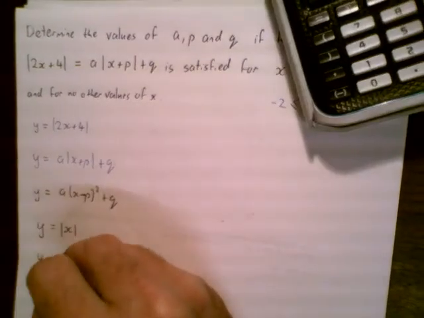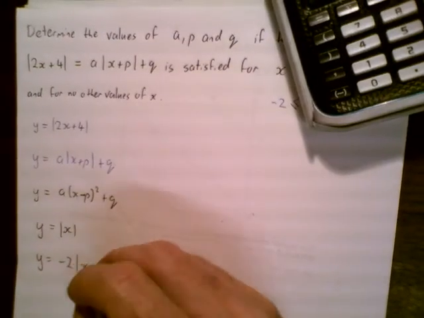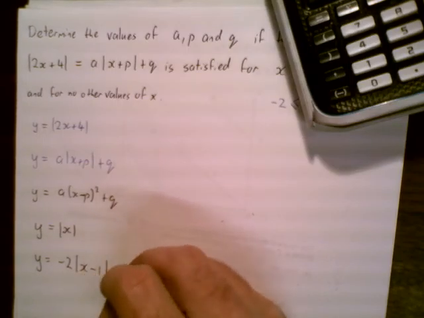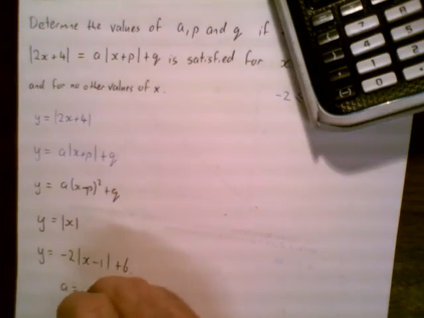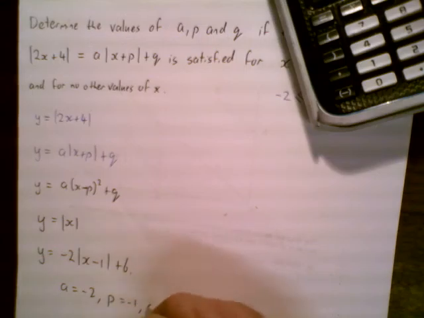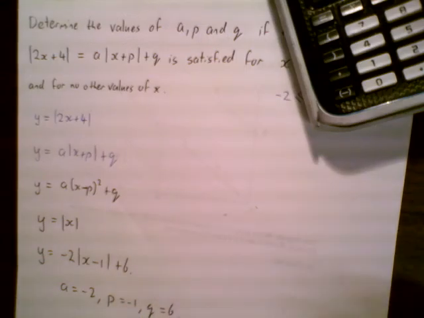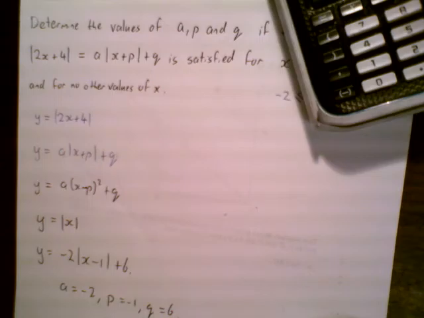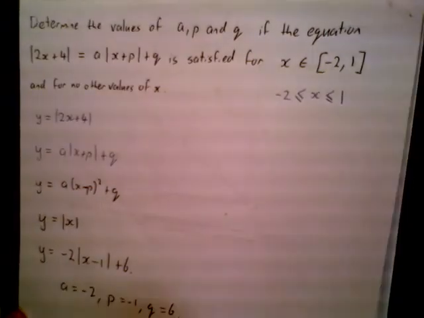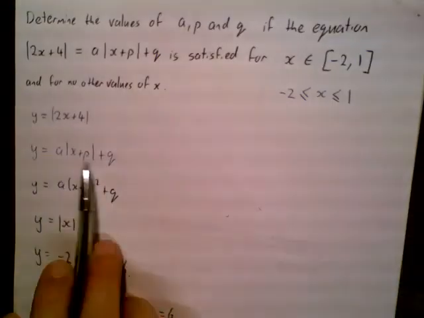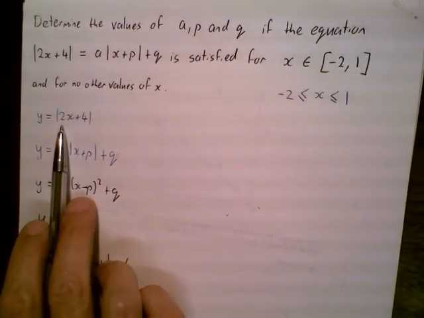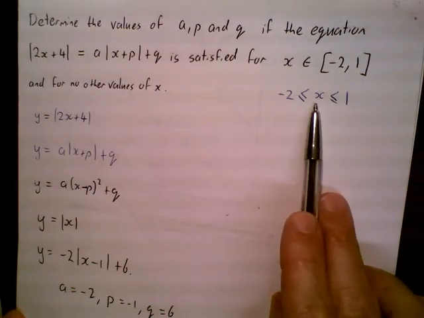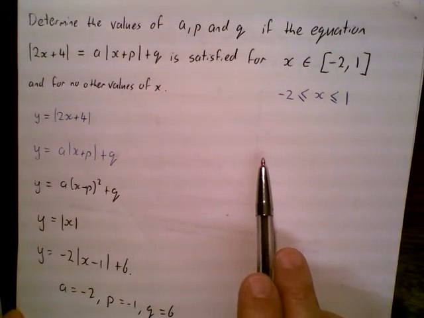We have y = -2|x - 1| + 6, which gives us our solutions of a = -2, p = -1, and q = 6. But I guess the key with the question was considering this in terms of transformations to match it to the other graph in the range of values of x for which the solution is required.